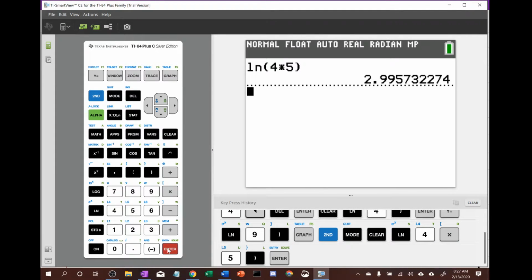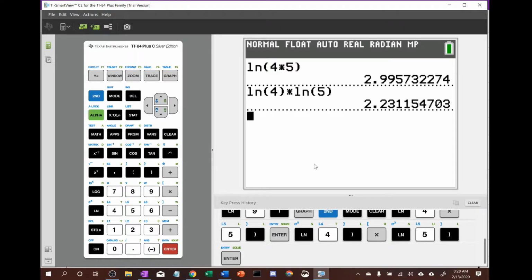Go ahead and hit enter. Okay. Notice this. Notice that is not the same as the ln of 4 times the ln of 5. All right. It's different. See that?